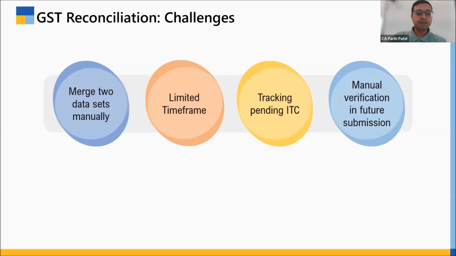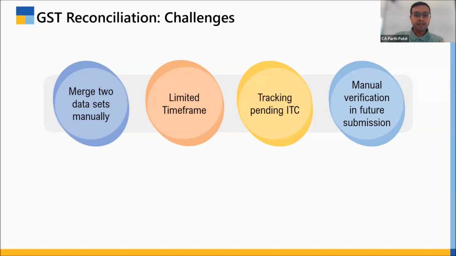Now let's come to the reconciliation challenges. Looking at the way professionals and staff conduct GST reconciliations, there are a few major challenges which are very common. The first challenge is merging two data sets manually.